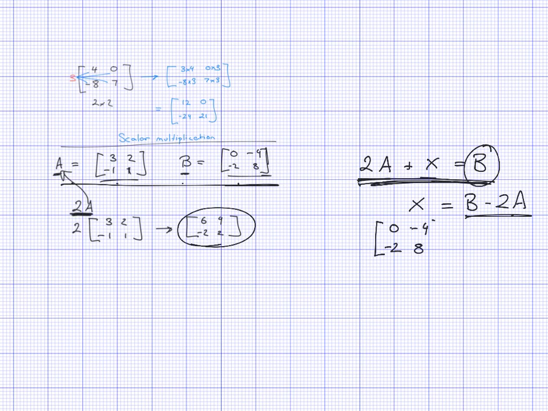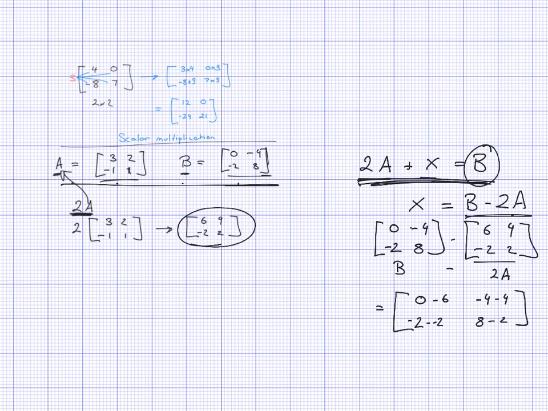So we have 6, 4, minus 2, 2, because this matrix is equal to 2 times A. Remember, elements in the same position subtract from each other. So I've got 0 minus 6, minus 4 minus 4, minus 2 minus minus 2, and 8 minus 2.